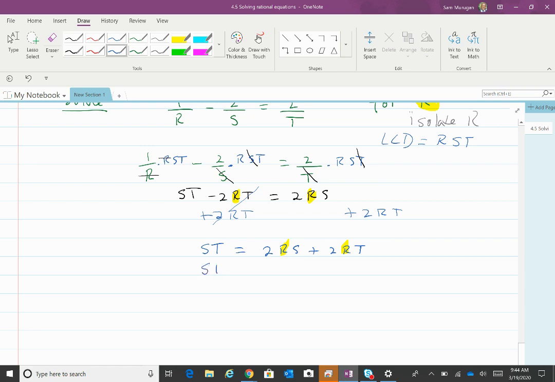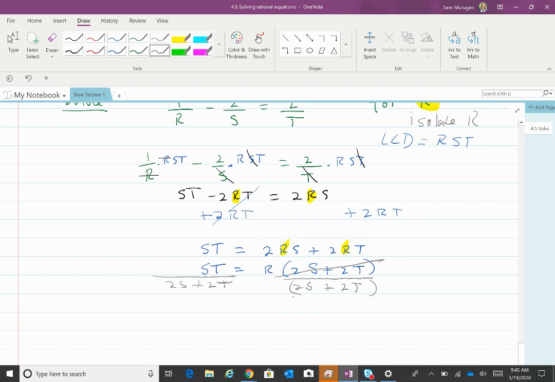And now I see the opportunity here to go ahead and isolate R by factoring it out. So ST is equal to R times 2S plus 2T. So we finally got R by itself, and all we would need to do now is divide both sides by 2S plus 2T.